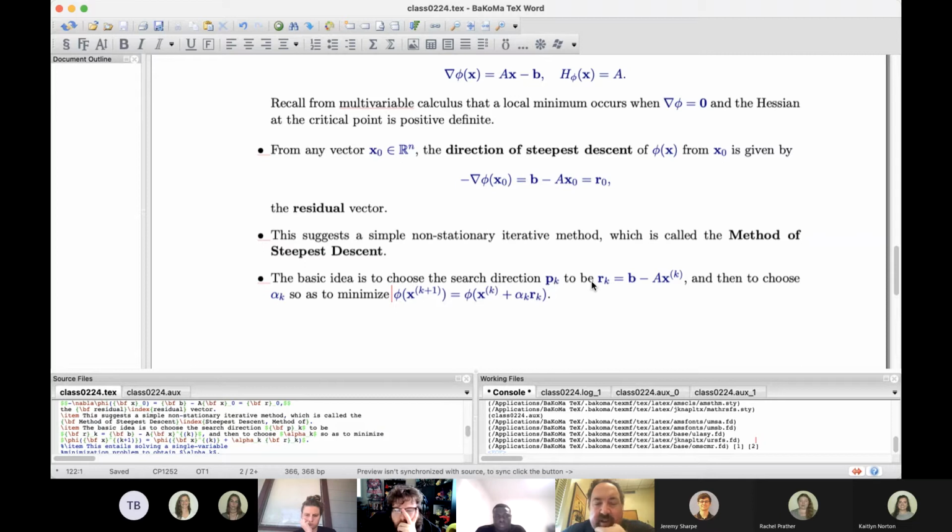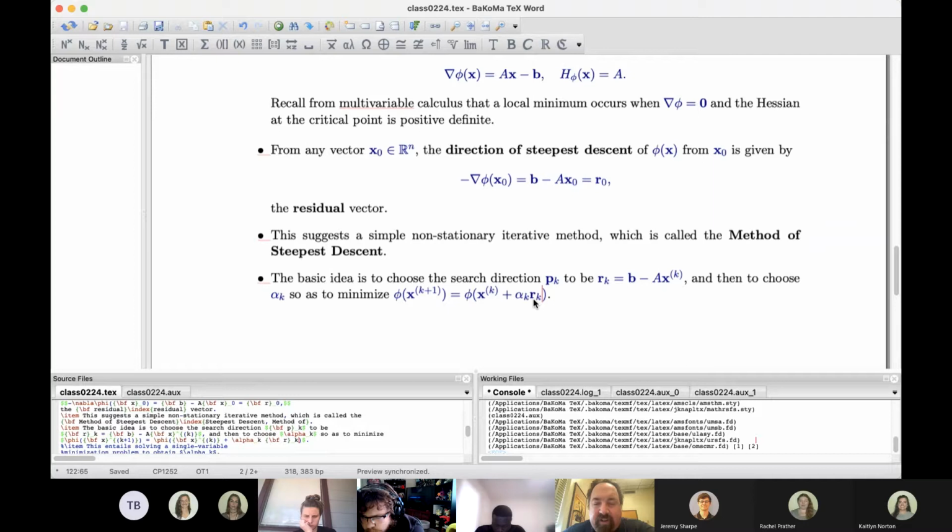So now all we have to do is choose our new iterate. It'll be of this form: our old iterate plus a constant times the search direction. We want to choose this constant alpha k to make phi as small as possible, because that's what we're trying to do. We're trying to minimize this.